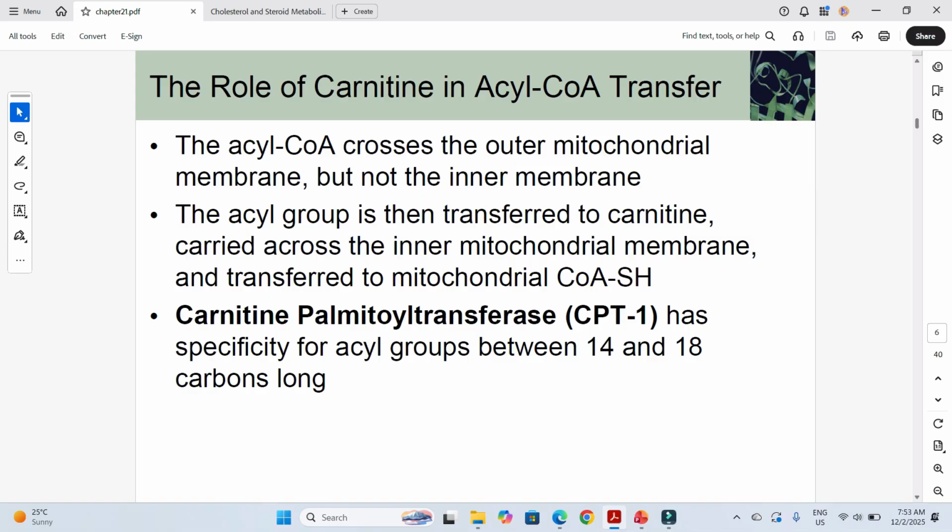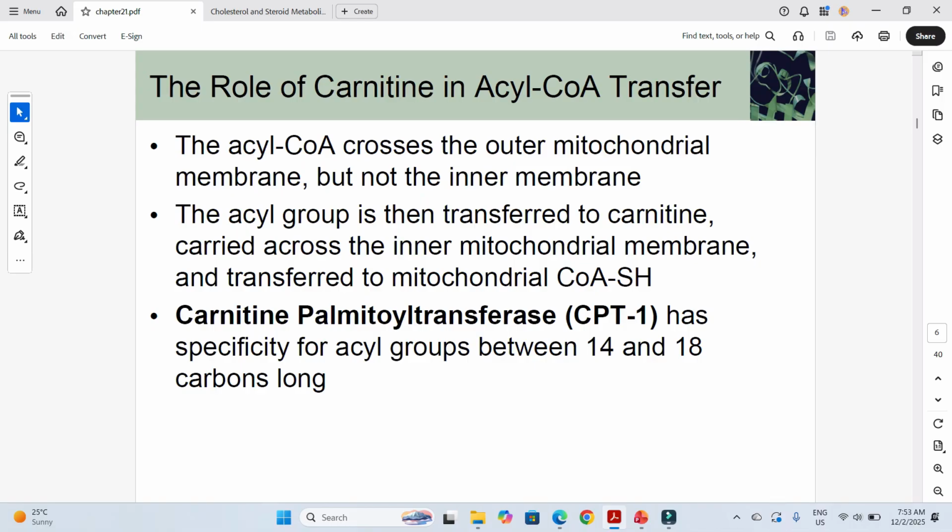Well, the inner mitochondrial membrane, that is, because the outer mitochondrial membrane is permeable to almost any molecule, any metabolite. So the acyl-CoA crosses the outer mitochondrial membrane, as expected, but not the inner mitochondrial membrane.